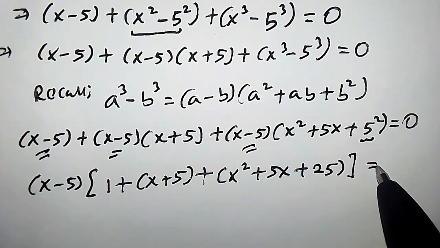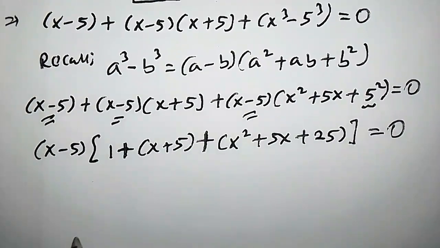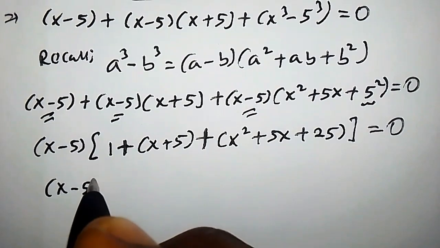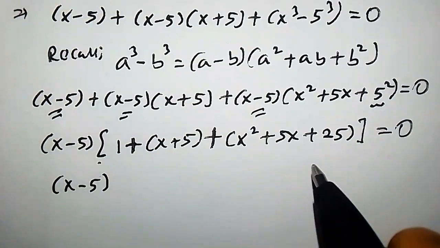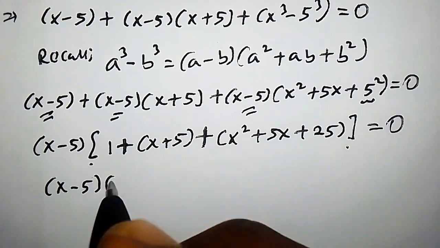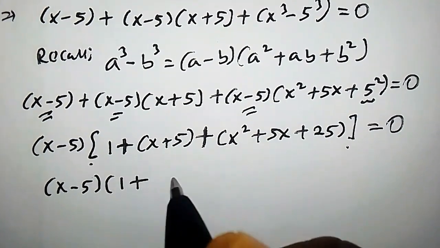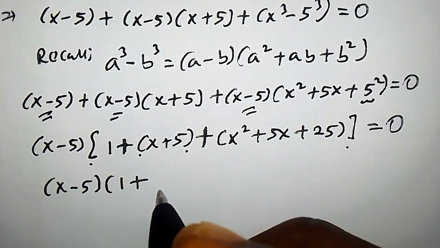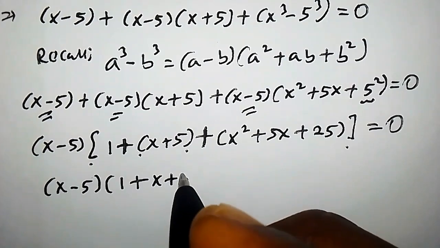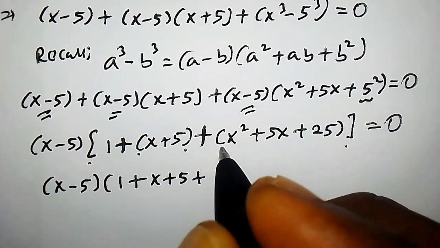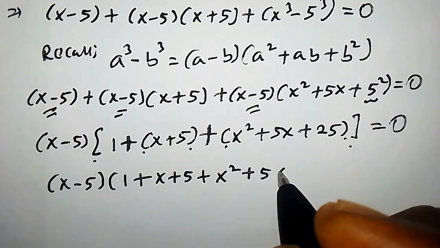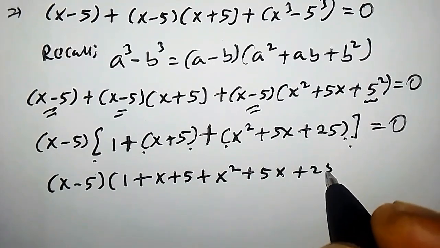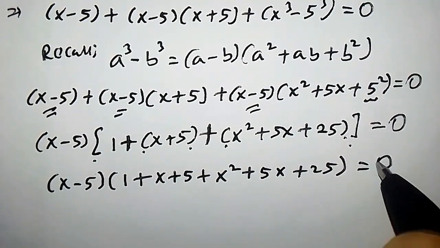Close the bracket, equal to 0. Let's continue. x minus 5. Now let us drop this square bracket into 1 plus, dropping this round bracket also, we have x plus 5 plus, drop this round bracket, we have x squared plus 5x plus 25 equal to 0.